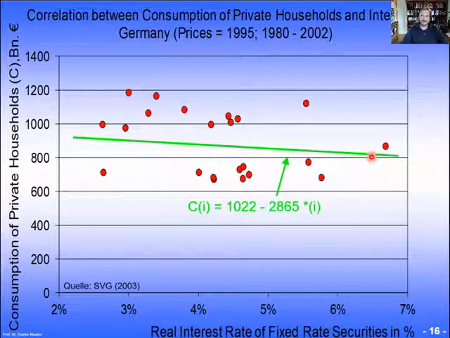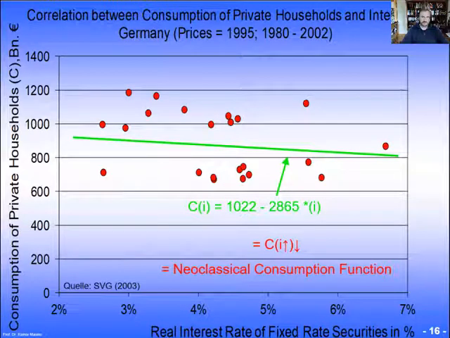So we can indeed find a negative influence of the interest rate on consumption, as postulated by the neoclassical consumption function, but the influence is weaker than the positive influence of disposable income on household consumption. We have just seen the diagram before.